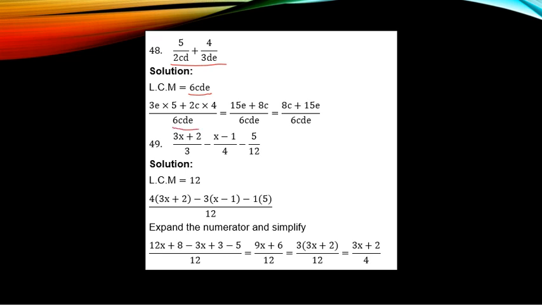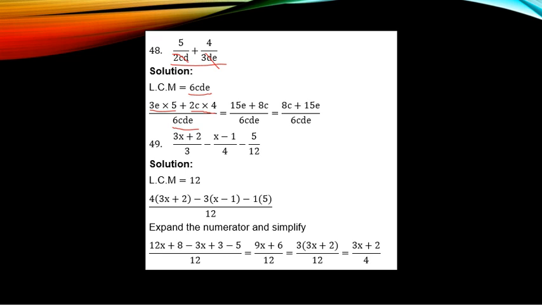So you write down the LCM 6cde. If you divide it by 2cd, you have 3e left that will multiply 5. You divide the LCM 6cde by 3de, you have 2c left that will multiply 4.